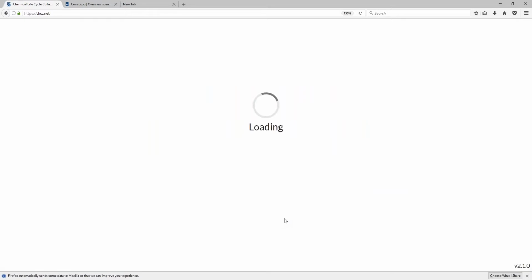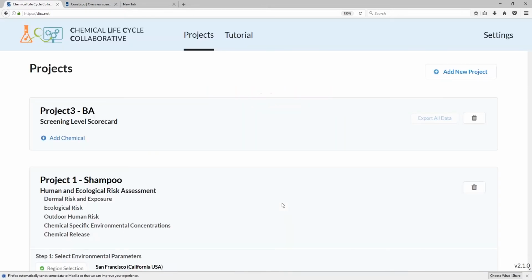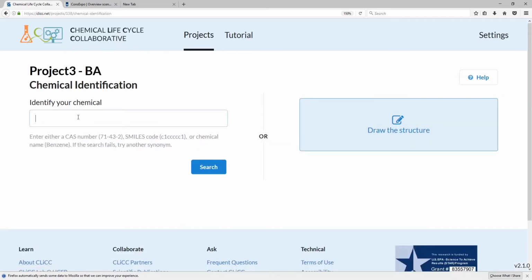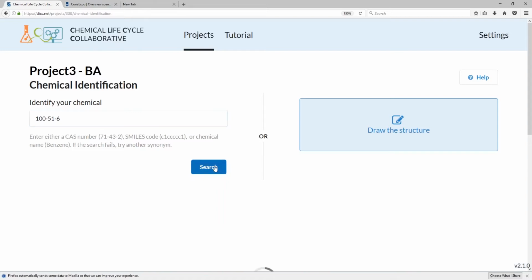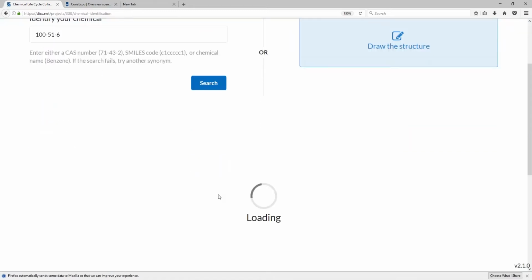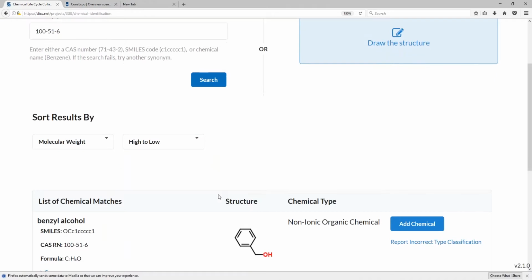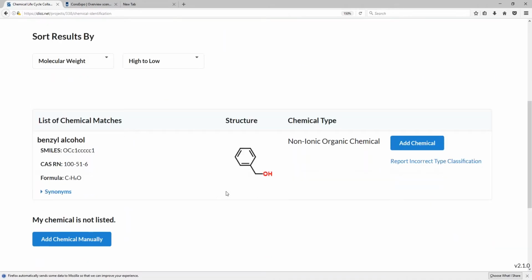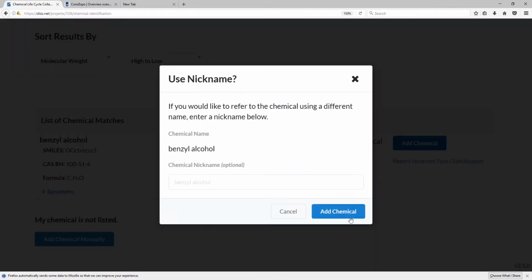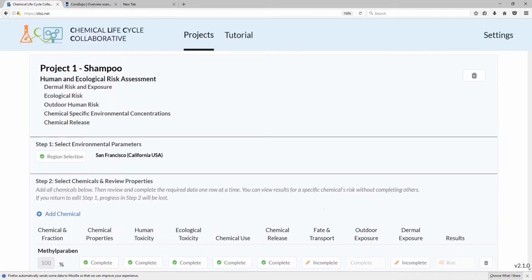In the back end, what we'll do is create a new project, and then you have to add a chemical. Let's select benzyl alcohol. The CAS number? Yeah. Okay. Ooh, I thought that you remember the CAS number. Wow. Scary. Okay, and then we'll search the chemical synonym database and disambiguate this chemical, and you can add the chemical.